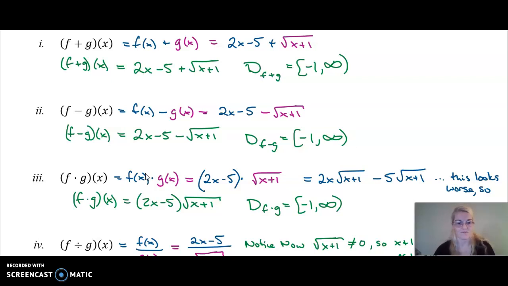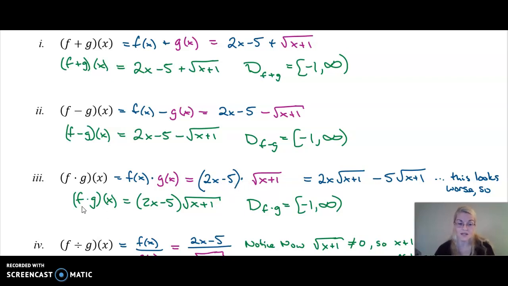Their product is f of x times g of x. I highly recommend you put big parentheses around each of these functions. For instance, put parentheses around 2x minus 5, instead of just writing 2x minus 5 times the square root of x plus 1. What this technically means is you can distribute and multiply the square root to each piece, and then you'd get something that looks like this. But really, this looks worse than it did when it was in factored form.